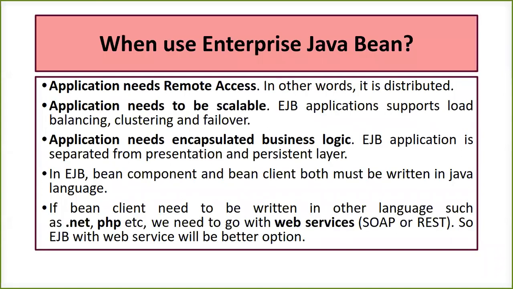Fine. Now, when can we use the enterprise Java Bean? When we need an application which is going to work with remote access, that means, in simple terms, an application which needs to be distributed. Okay, so at that time you can make use of enterprise Java Bean. Whenever you make your application and you expect that the application needs to be scalable, that means it should be able to add features in future.